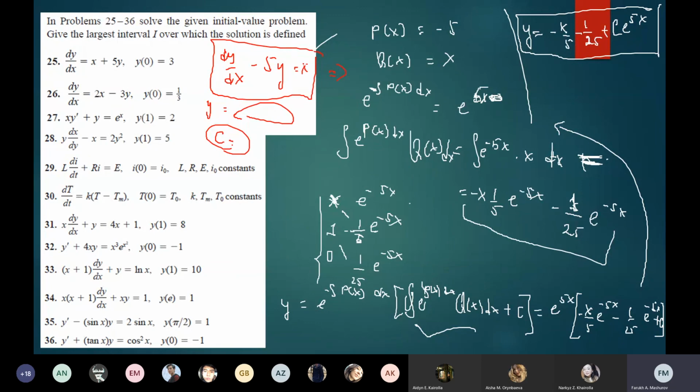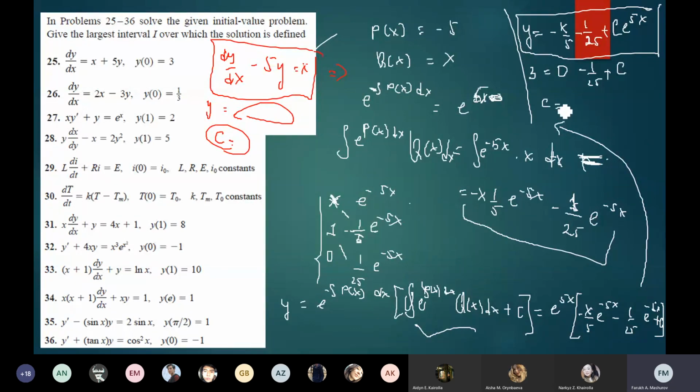So we need to find c, guys. Again, we need to put 0 instead of x. Instead of y, we put 3, because by this condition y(0) is equal to 3. So I put 3 instead of y, and instead of x I put 0, and this will be 0 minus 1 over 25 plus c, because e to the power 0 is equal to 1.